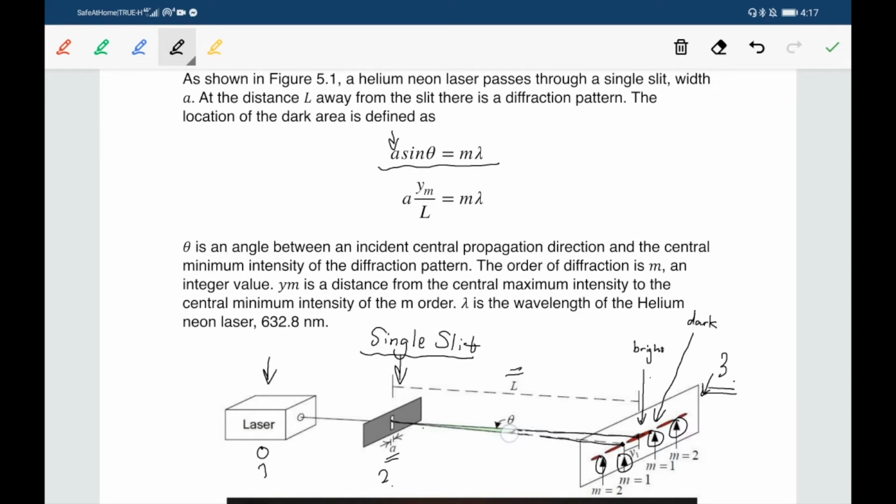The angle between these two lines is theta.